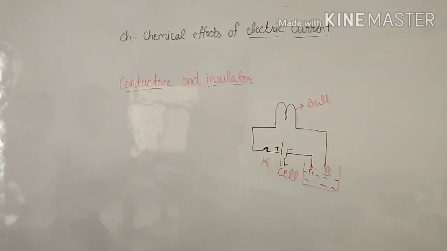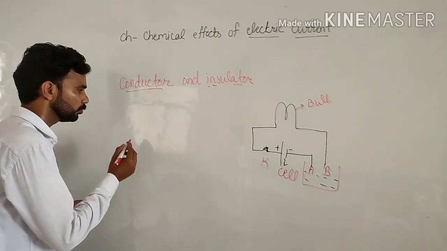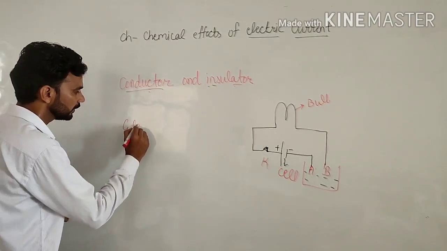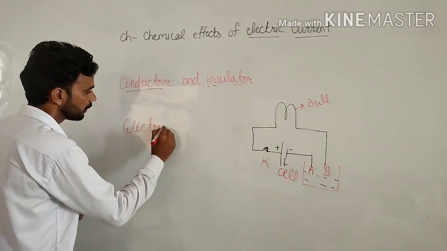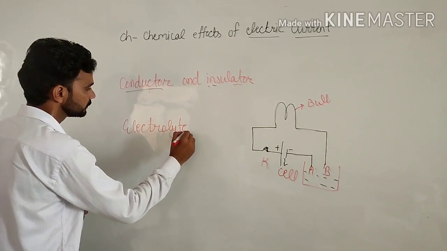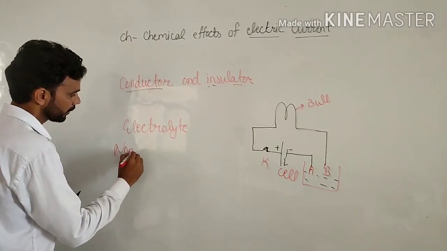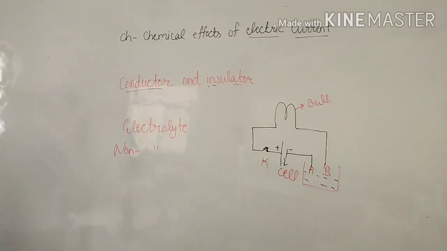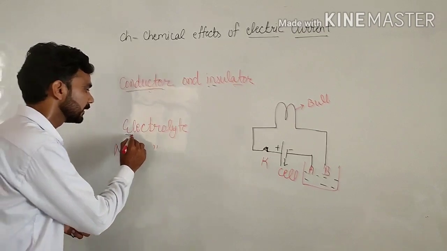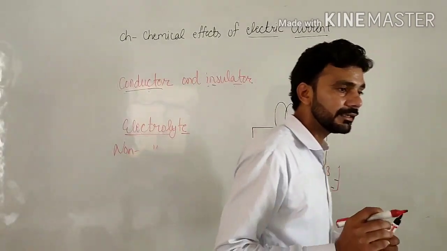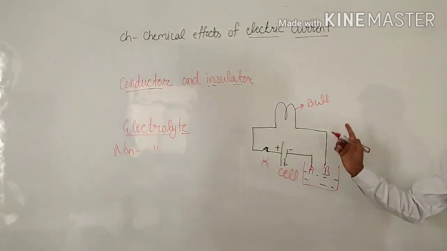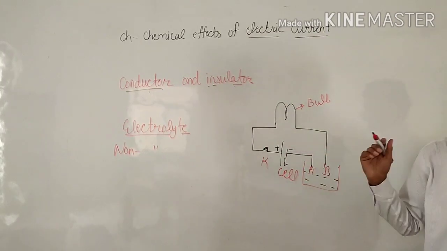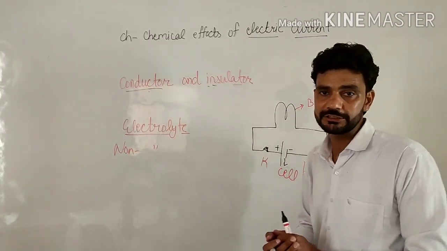About liquids we are using two terms. These terms are electrolyte or non-electrolyte. An electrolyte is a chemical-containing solution through which current can pass and which undergoes a chemical change at the same time.